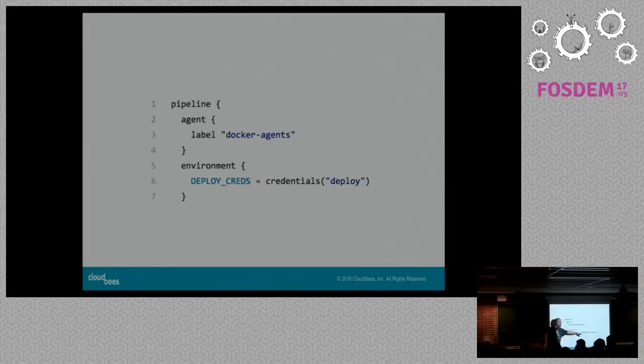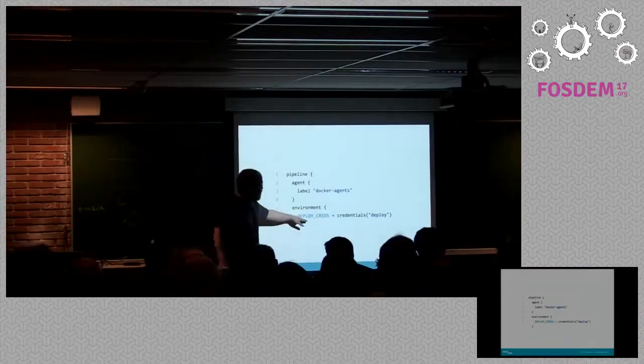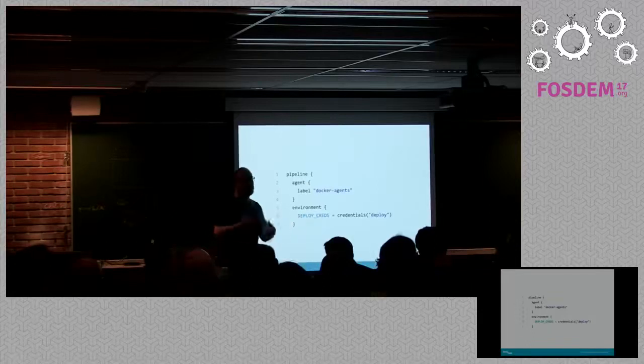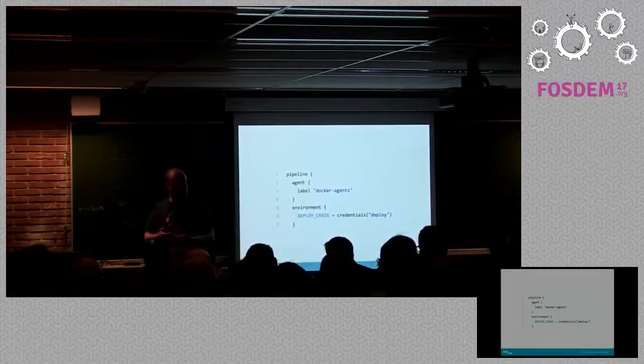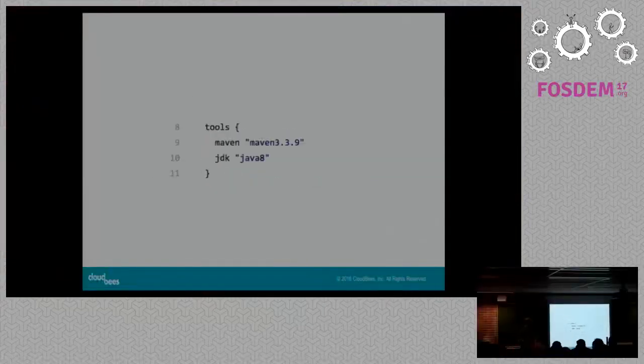What we're doing here is using a special function that's available in declarative to take the ID of credentials that you've configured in Jenkins and automatically put them into an environment variable that you can then use later on. So this is a shortcut to make sure you don't have to jump through as many hoops using the withCredentials step to make those environment variables populated so you can actually have access to your credentials throughout the build.